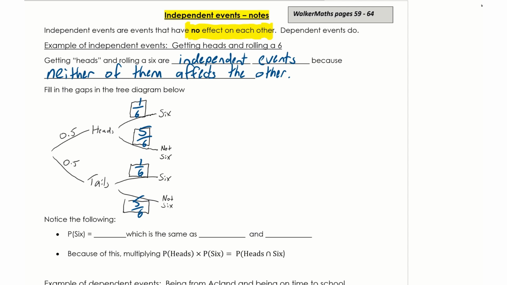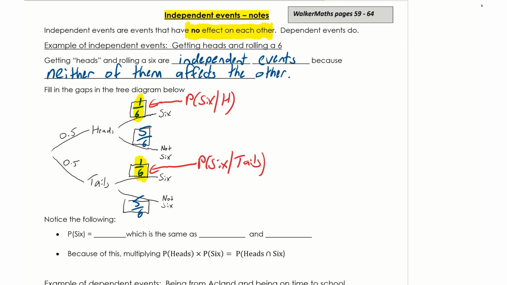So a really easy way that you can show mathematically that these two events are independent is that the two numbers here are the same. Remember, this is the probability that you get a 6 given that you've got heads, and this is the probability that you get a 6 given that you've got tails, and they are the same.